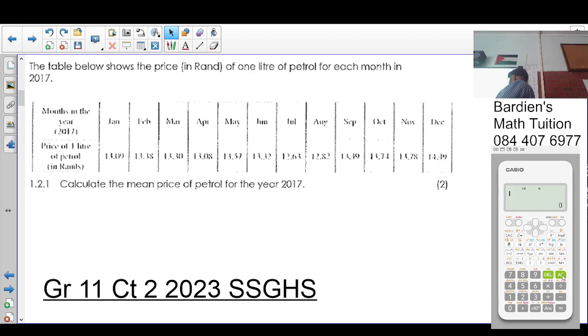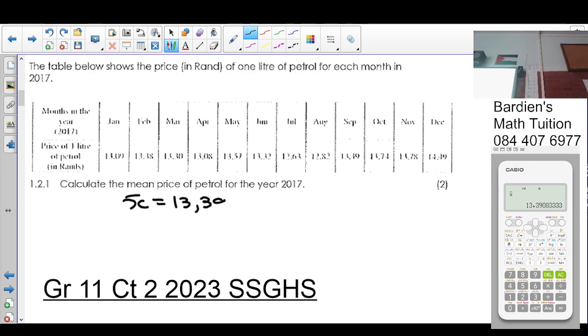Okay? Shift 1, 4 for variance, 2 for mean. Equals 13.39. Is that correct? So your mean is 13.39.